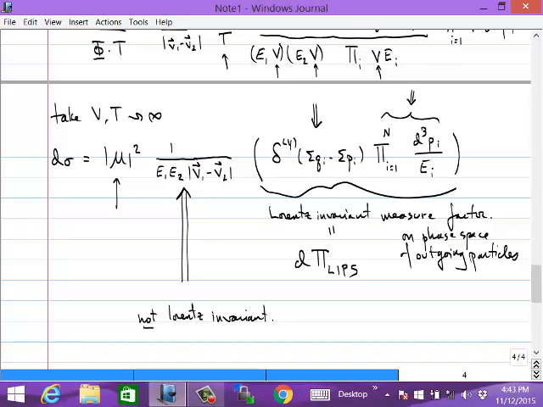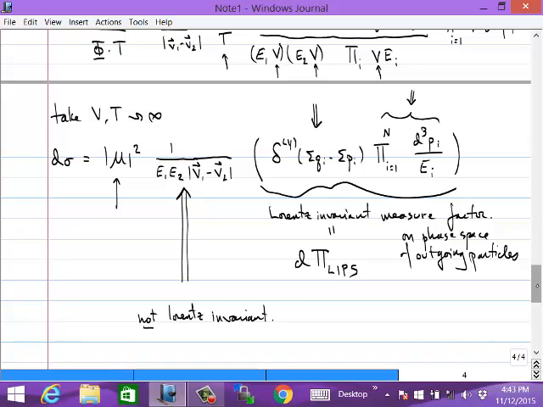Or you could imagine going to a frame where you're moving in a transverse direction with some relative velocity, in which case there would be some length contraction effects that would affect the size of some target that you're scattering off of. And so the fact that this factor that we're getting here depends on things like energies and velocities is a signature of the fact that the cross-section itself is a frame-dependent quantity.